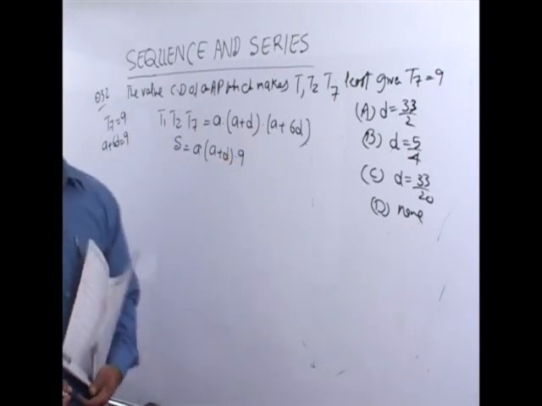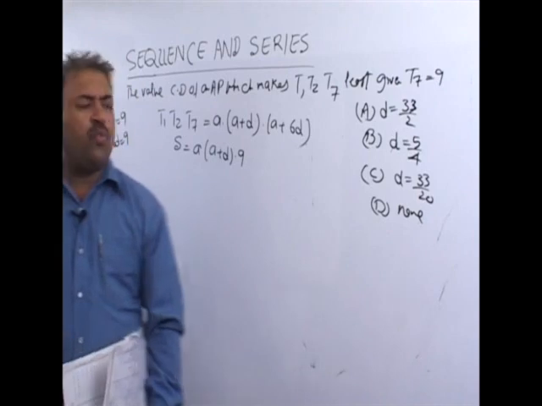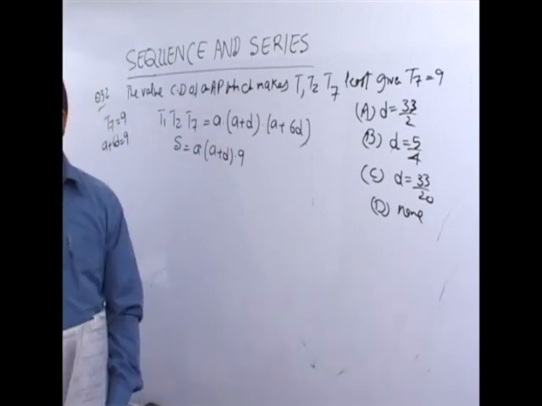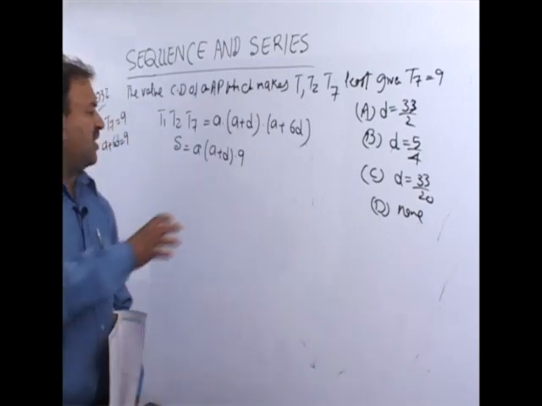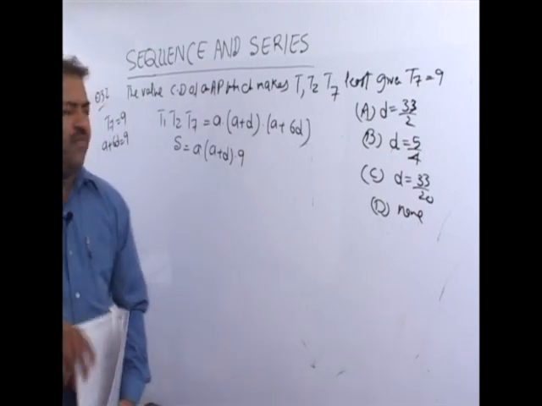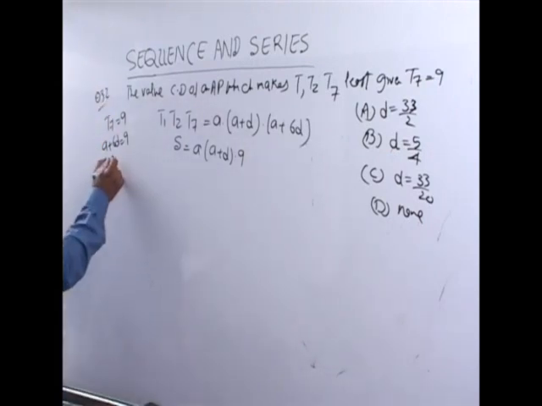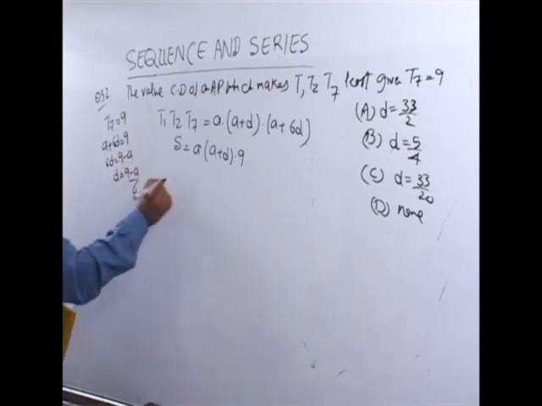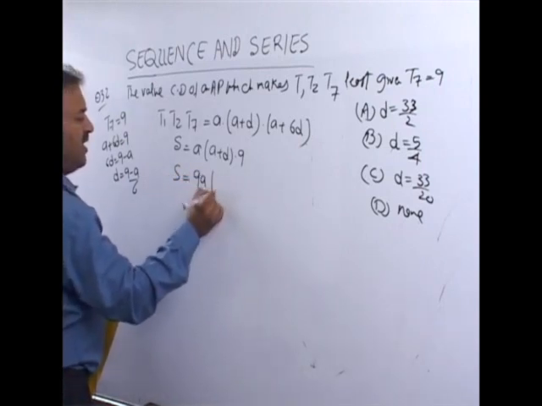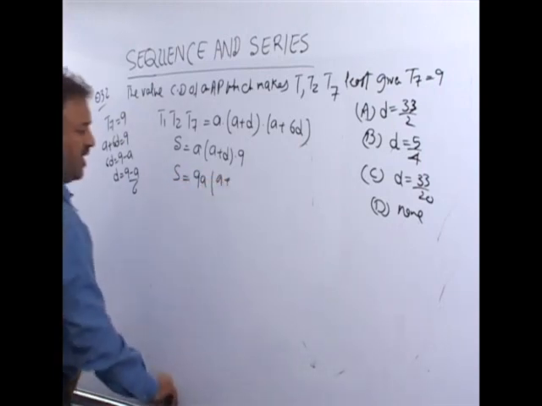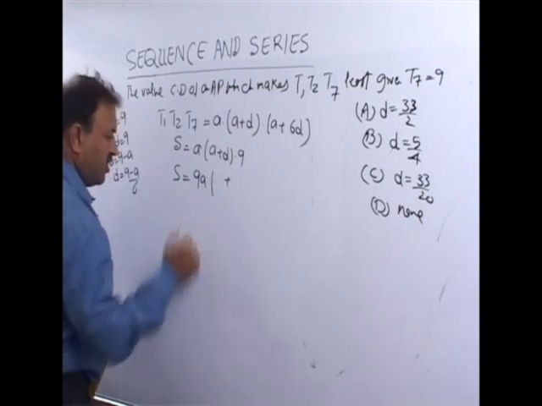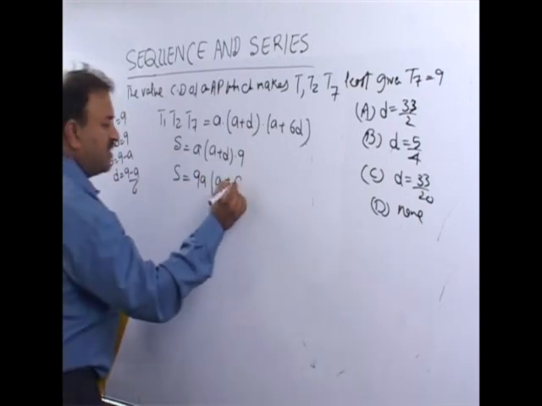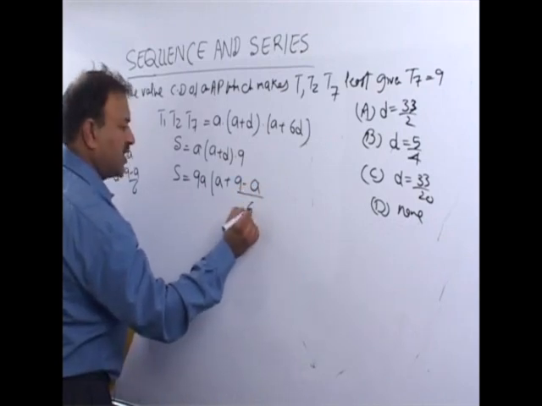Now, differentiation. When we do maximum and minimum questions, we get S in two variables. Before differentiating, we should bring it into one variable. We will bring it from this same concept. We can find D or we can find A. Conveniently, we find D. It is 6D equal to 9 minus A, and D is 9 minus A upon 6. S is 9A times A plus 9 minus A upon 6.